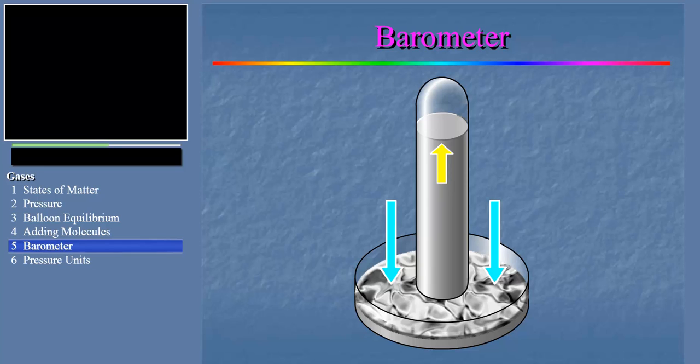This barometer provides one of the units for measuring pressure, millimeters of mercury. The pressure is literally given by the height of the mercury up the tube in millimeters. Now, this kind of barometer was invented by a friend of Galileo's named Torricelli in the 1600s. So, the millimeter of mercury unit is also sometimes called the torr.